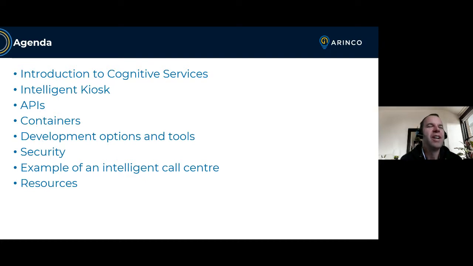I'll then come up a level in terms of detail and catch a breath of air and talk at a higher level about an example architecture of an intelligent call center and how you can integrate cognitive services into a call center scenario to make that a little smarter and more intelligent for your business, and then leave you with a few resources that you can take away in terms of links to training, examples, quick starts, tutorials, as well as the Azure Cognitive Services documentation.